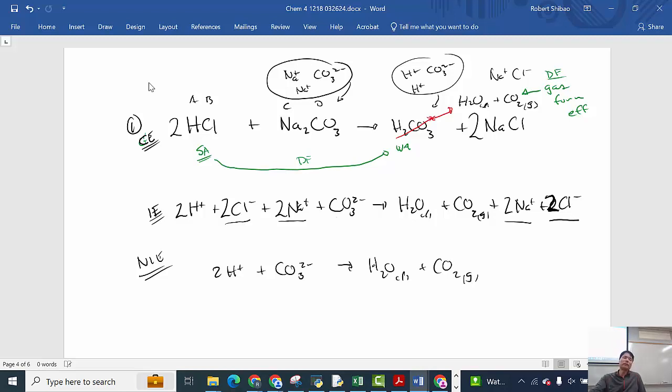This is the favorable ion combination: hydrogen ions and carbonate ions form water and CO2. The CO2 is not very soluble in water, so it's going to bubble out of water and effervesce. This is what I'm looking for: the CE, the IE, the NIE, and the driving force.